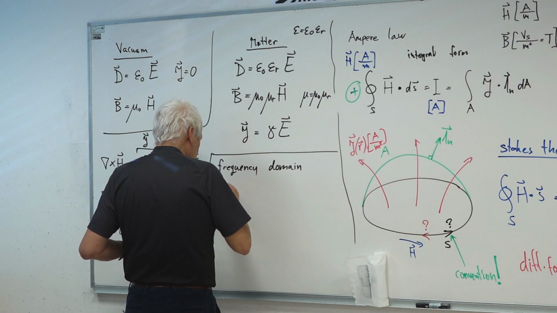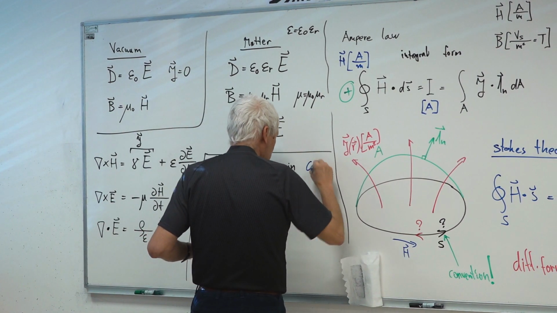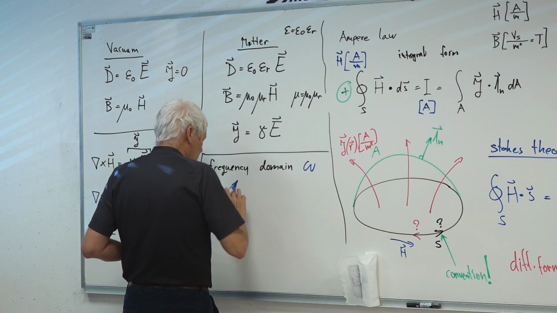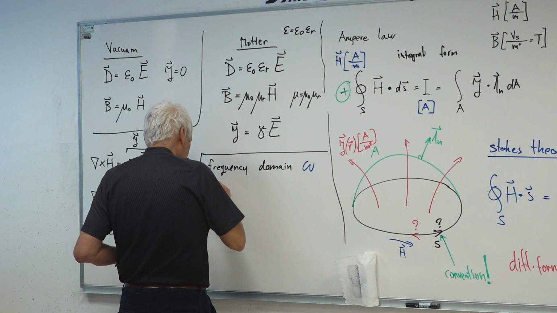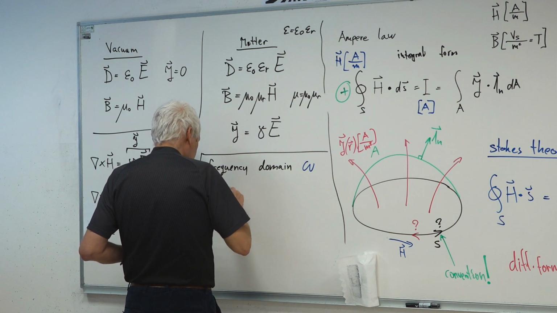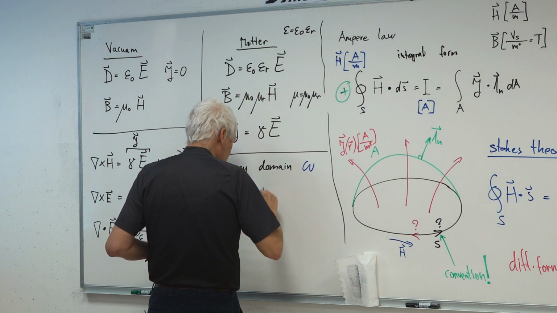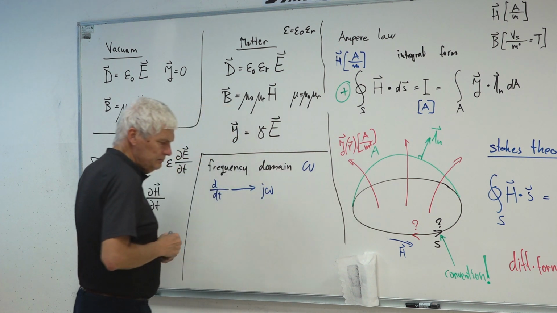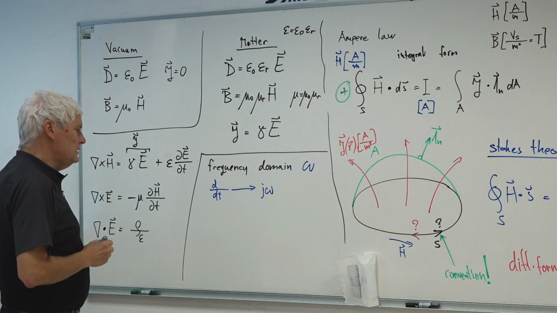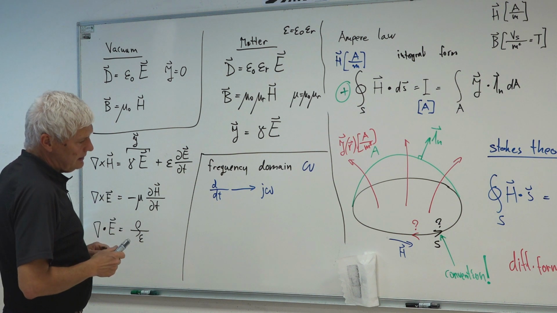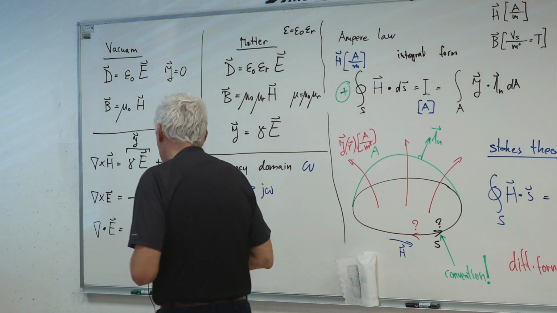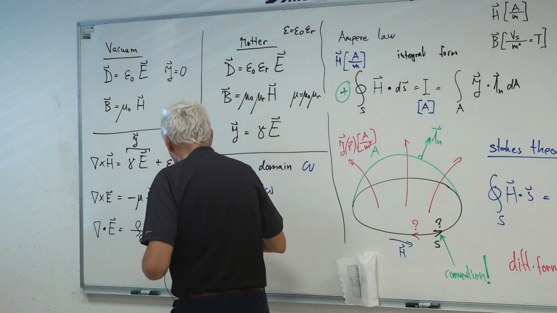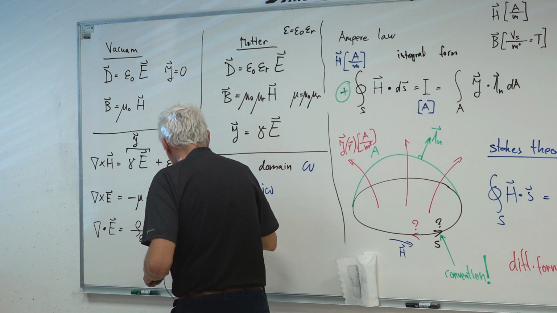In the frequency domain, if we have a harmonic example of frequency omega, the derivative over time is simply replaced by j omega. And that simplifies because multiplying things is much easier than differentiating something. But we have to remember that all quantities are now phasors.